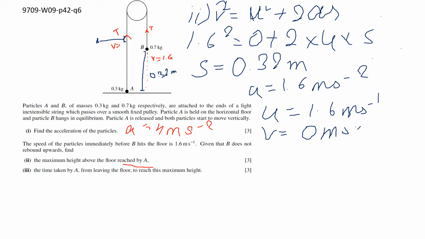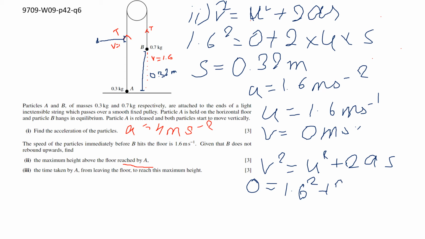So you can calculate directly by using v squared equals u squared plus 2as. Place 0 over here, and 1.6 squared plus 2 times acceleration times s, you will get the value for s as 0.128. So this is the distance between this point and this point, the slack distance.